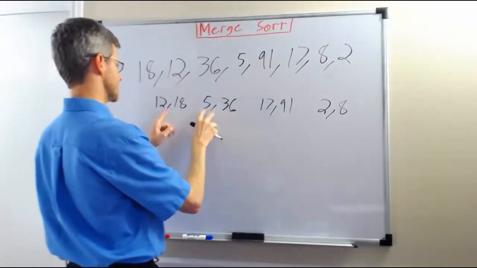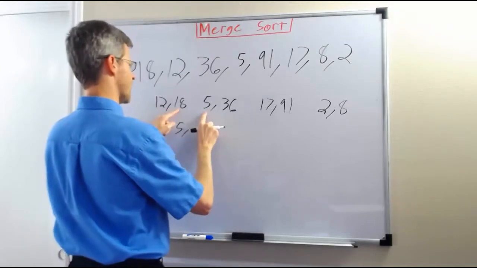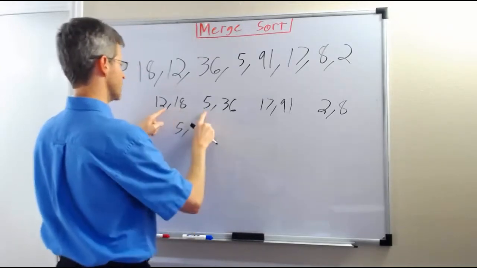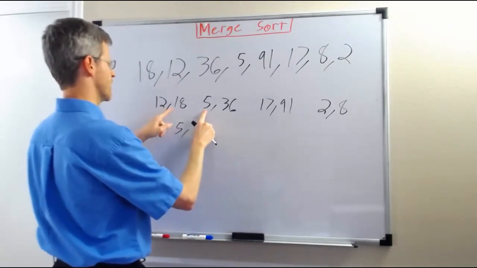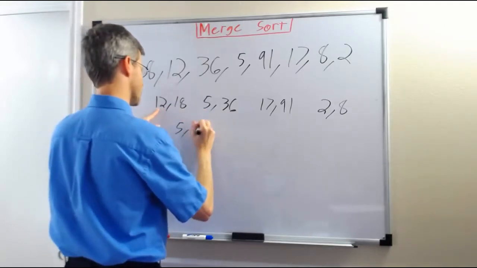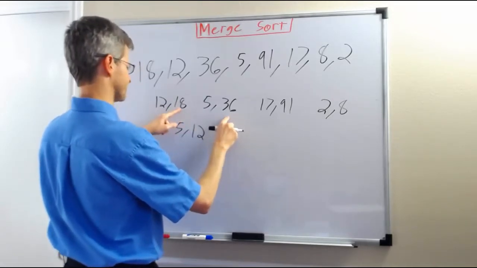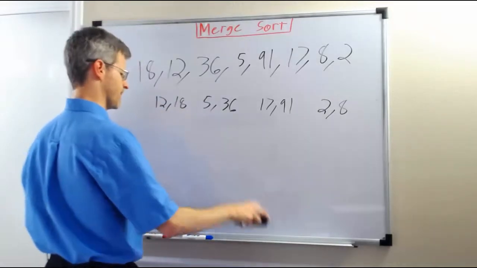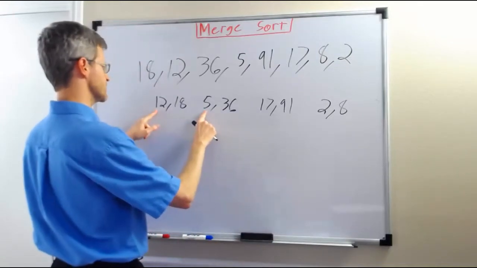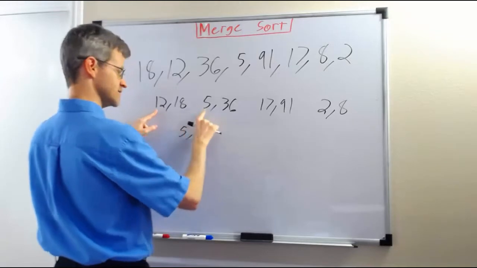We combine these two lists. So of 12 and 5, the smallest is 5.